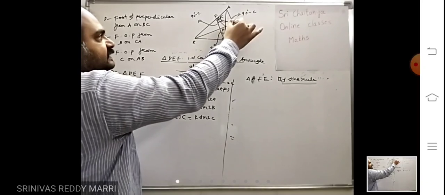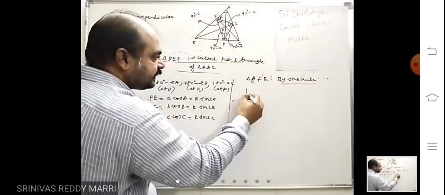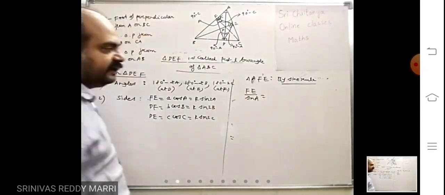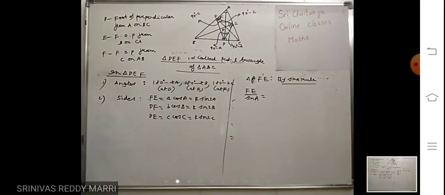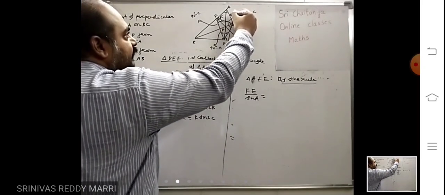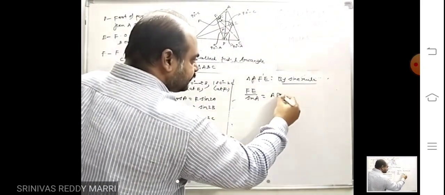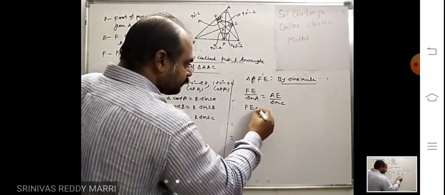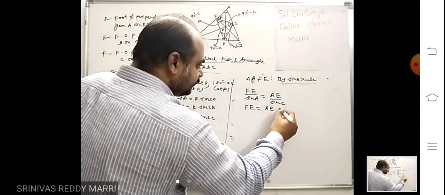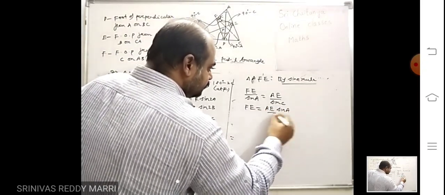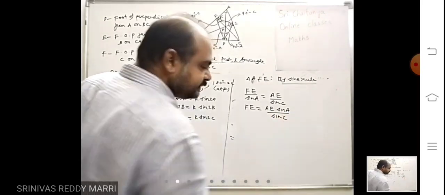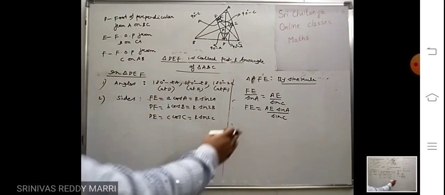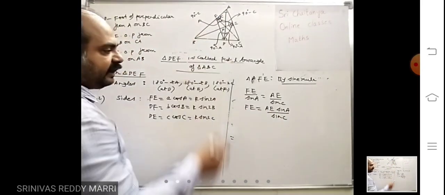By the sine rule, FE divided by sine of the opposite angle equals AE divided by sine of its opposite angle, sine C. Therefore, FE is nothing but AE sine A divided by sine C. So FE is what I want.